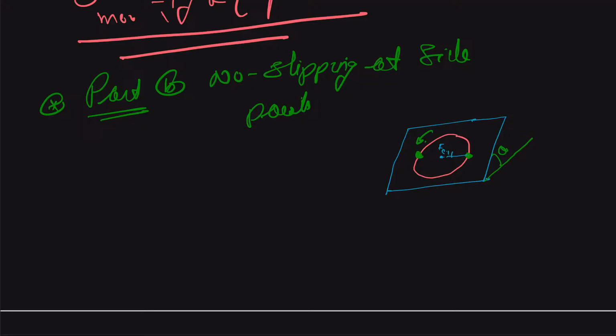Here we have to remember one thing for this particular point. Let me assume that the side point is exactly at this point. Therefore, our mg will be acting in the downward direction, and we can divide this mg, this is our angle theta, we get mg cos theta and mg sin theta.